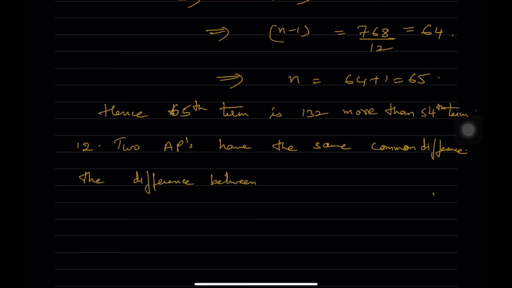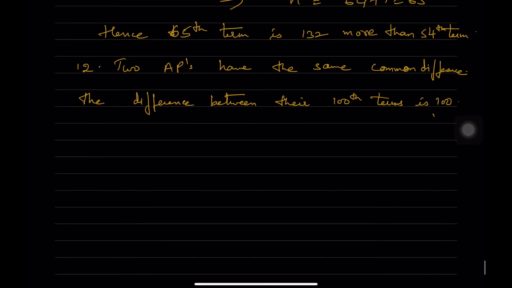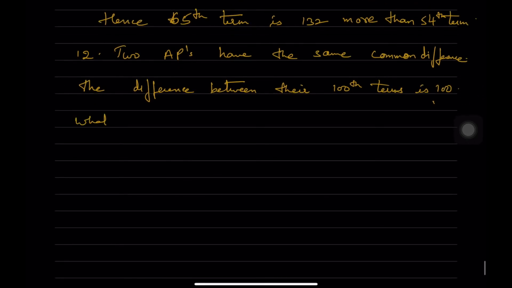What is the difference between their 1000th terms?